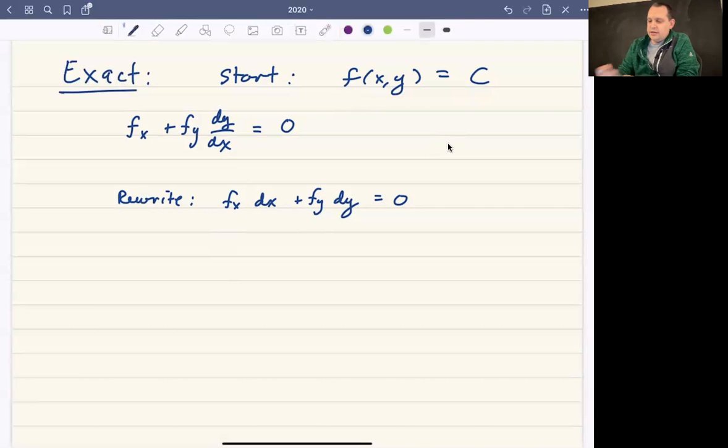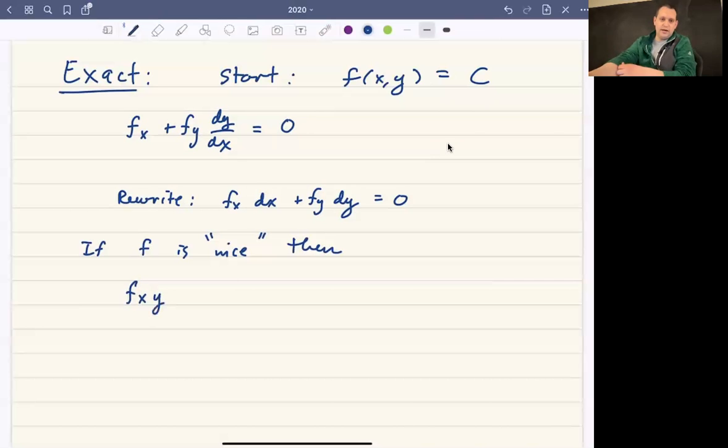And what we're going to do is use a fact from Calc 2 that if f is nice, and by nice I mean that f has continuous second partial derivatives, then the second partial derivatives commute, meaning that if you take the derivative with respect to x first and then y, that's the same as taking the derivative with respect to y first and then x.